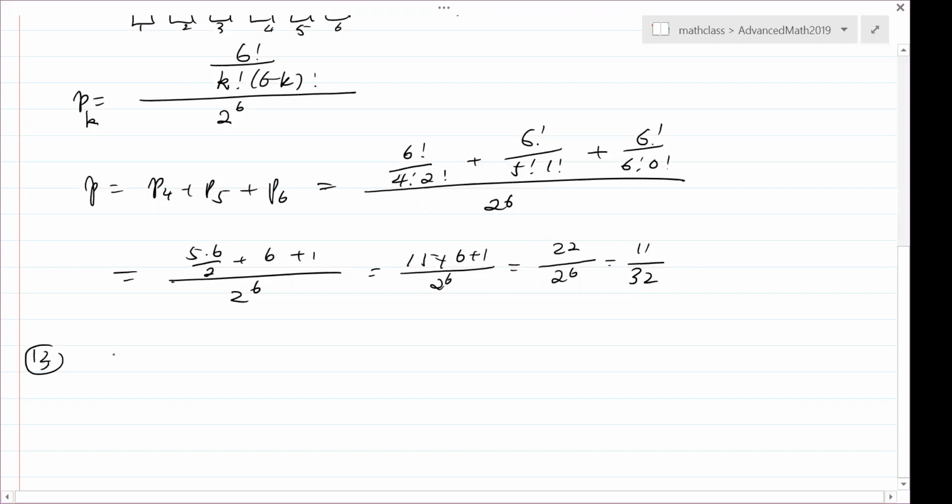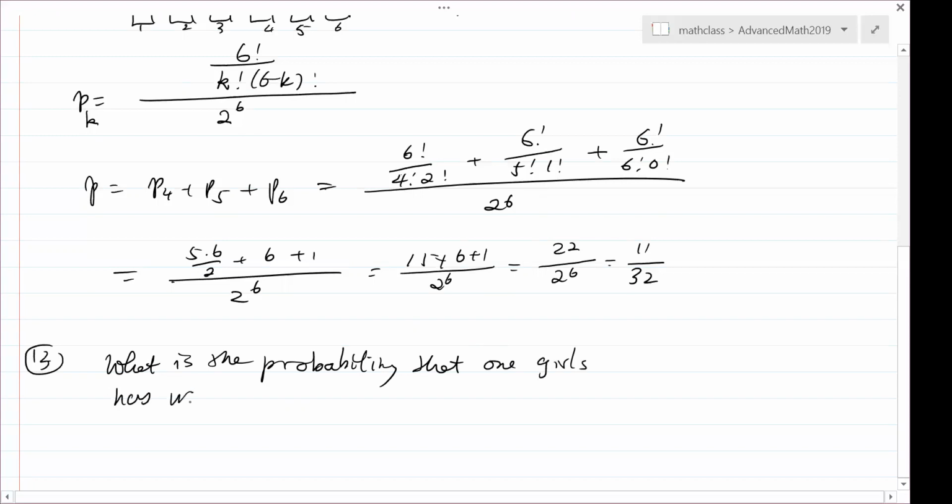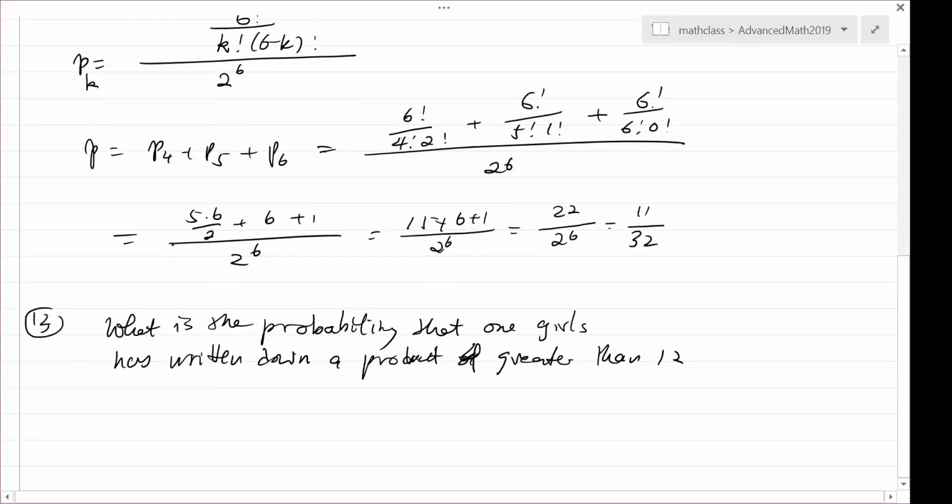So we just need to find out the probability that a girl has written down a product greater than 12 if she rolls her pair of dice.